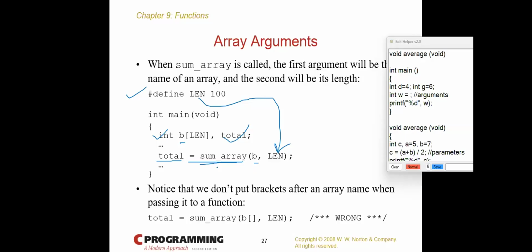Sending an array to a function or calling a function that uses an array as a parameter is not different from calling a function that uses normal variables. Observe that B, when you are calling the function, does not include the square braces. We don't put this. This is important. Don't put the square braces when you call. If you do this, it will be wrong.